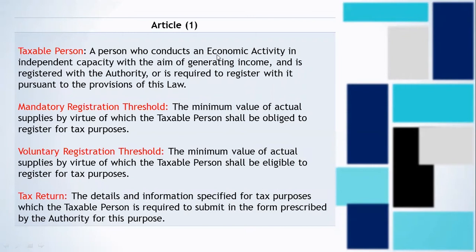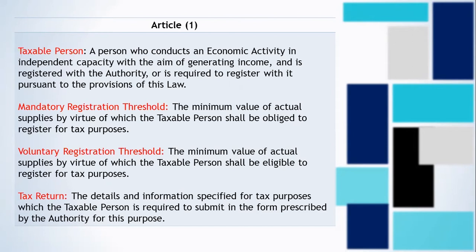So the first definition that we will discuss in Article 1 of the Oman VAT law is taxable person. A person who conducts an economic activity in an independent capacity with the aim of generating income and is registered with the authority or is required to register with it pursuant to the provisions of this law.